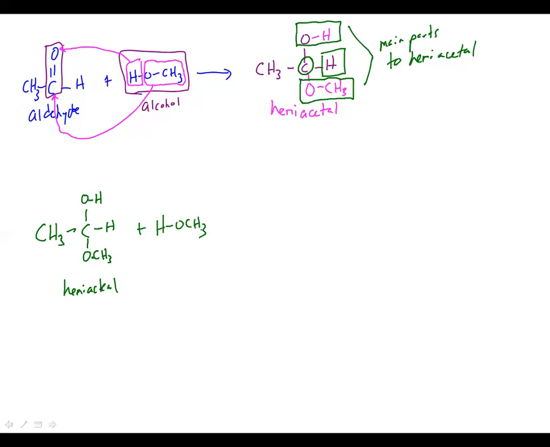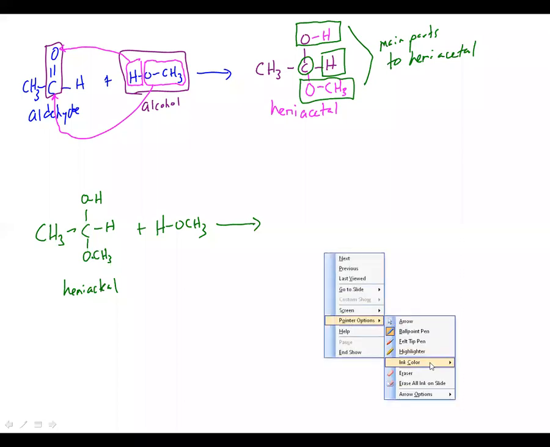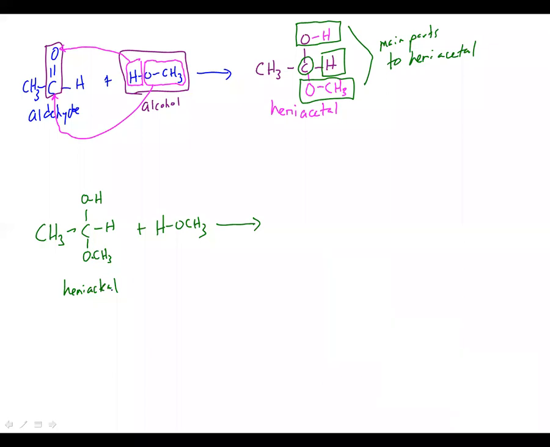What's going to happen in this case is that we actually don't have a double bond to break. So we're going to take something off of the hemiacetal to make room for something else to come on. What's going to come off in this second step, grab blue, is this OH and this H will come together.